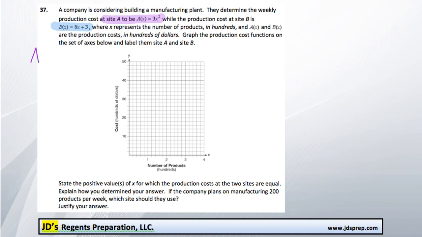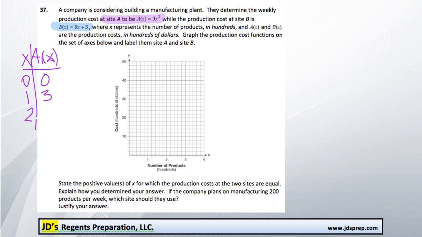Let's start off with A of x. We'll be comparing x and A of x. And A of x is 3x squared. So let's start off with x being 0. Then 3 times 0 squared is still 0. If x is 1, 3 times 1 squared is 3.